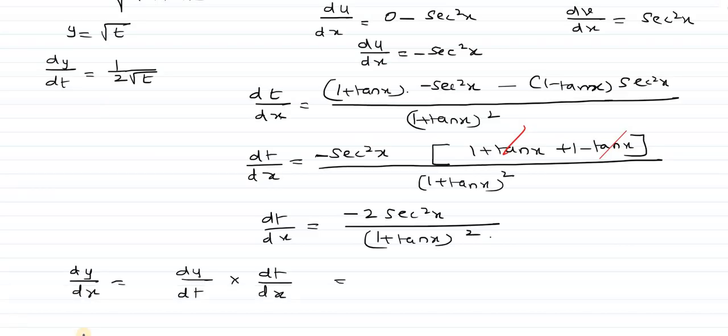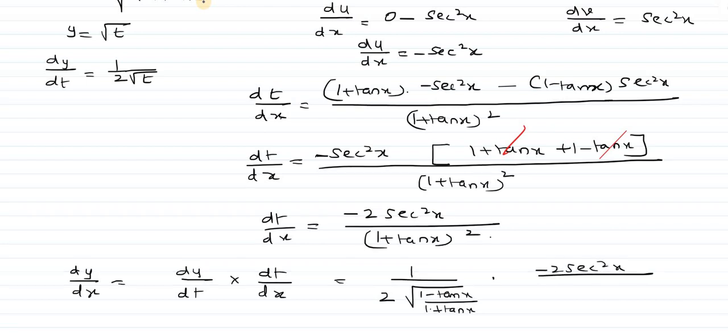So which will give me 1 by 2 root t, and root t is 1 minus tan x by 1 plus tan x, into dt by dx, which is minus 2 secant square x by 1 plus tan x the whole square.